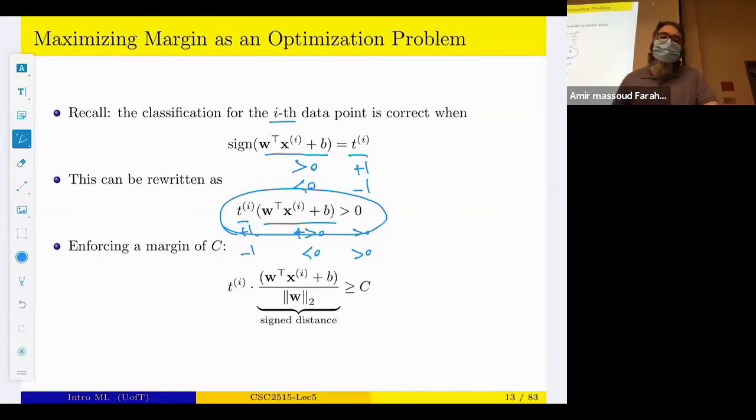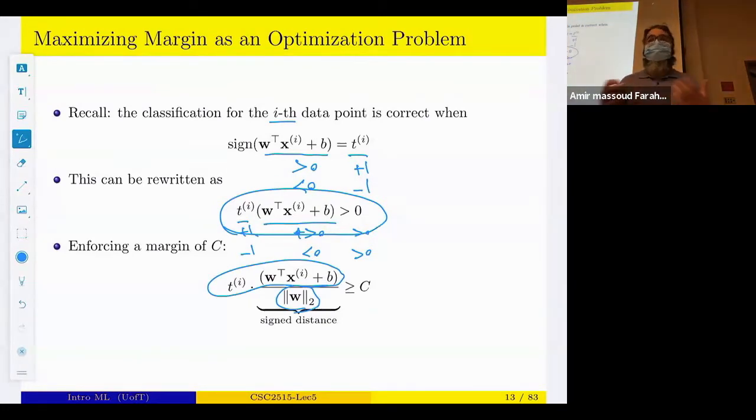We can also talk about the distance. We can normalize it and require the distance to be larger than some constant C. This is the same equation as before, but normalized by the norm of W, which makes it a distance.